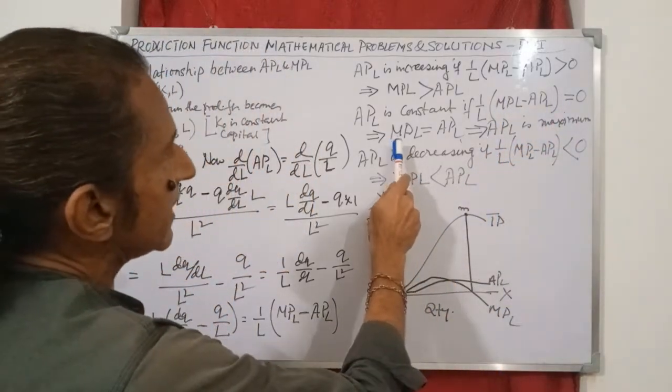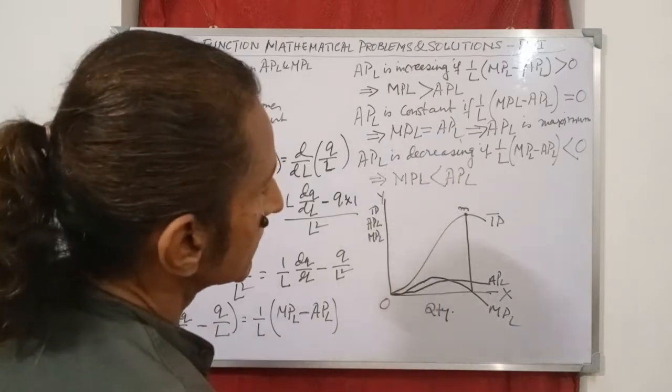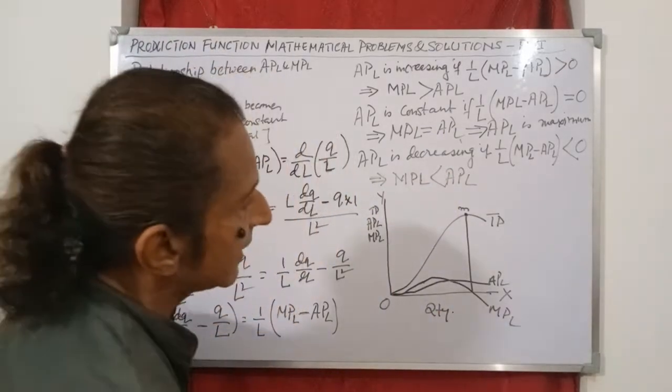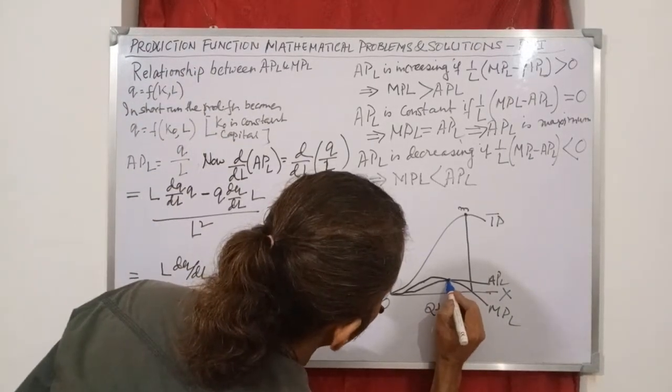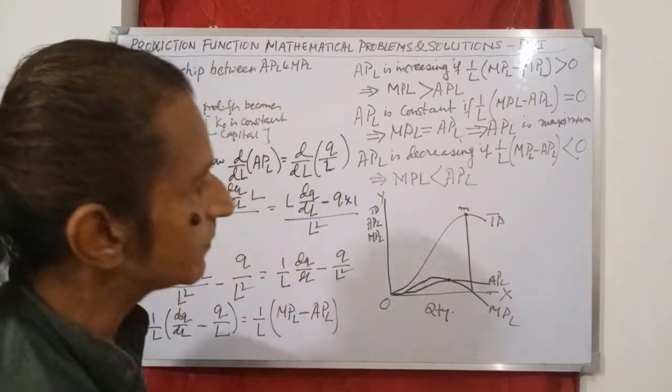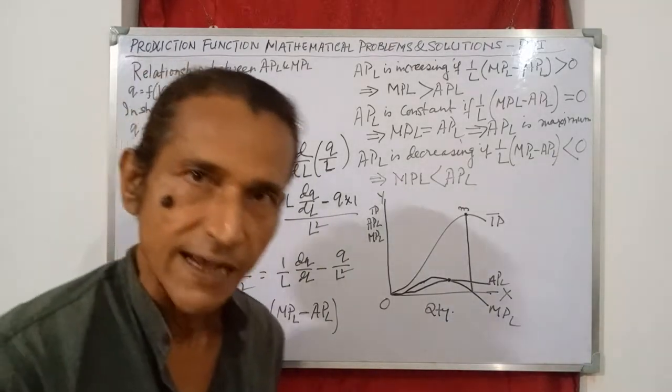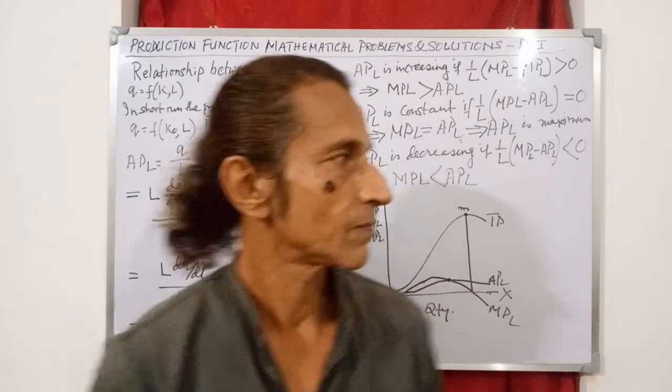That is where MPL equals APL. Here you see MPL is equal to APL, and APL is maximum at this point.